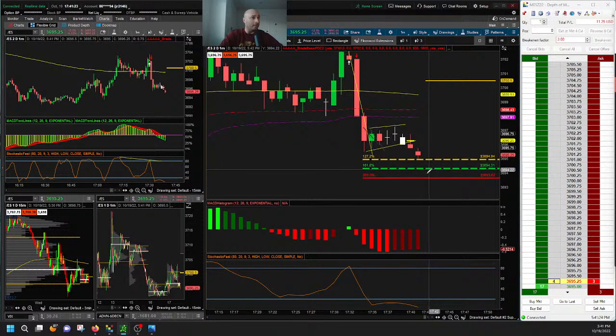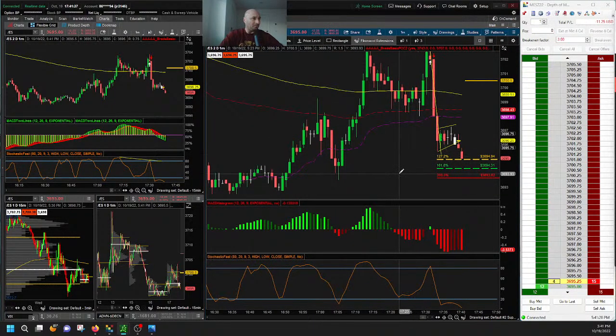Just for a quick little bounce. I'm going to lean against this low right here. Actually, I'm not even going to do it because we got the lows right here. Not something that I love.